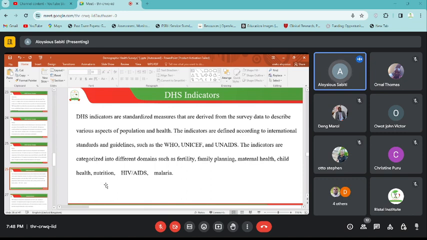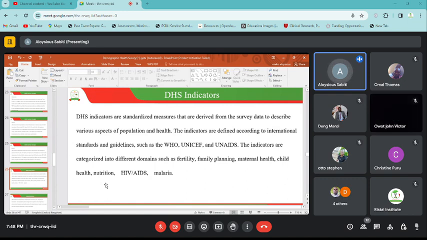So fertility has its indicators that are standardized. For example, under fertility, we can look at total fertility rate. We can look at aspects of reproductive progression rate and so forth.